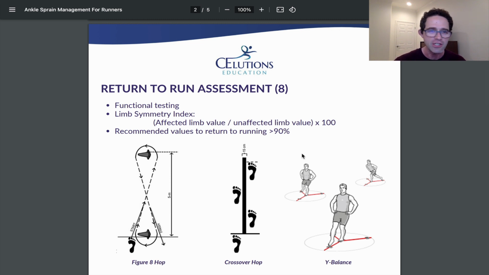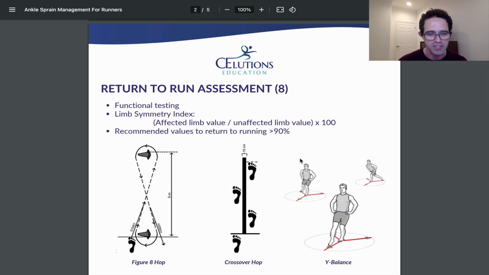And you can calculate the LSI with any functional test, with a figure 8 hop, crossover hop, Y balance, and many others. So use functional testing, and with the scores of your functional testing, use the limb symmetry index to be able to determine if that runner can run again, and that has a much better likelihood they don't get injured when they start that return to run program.